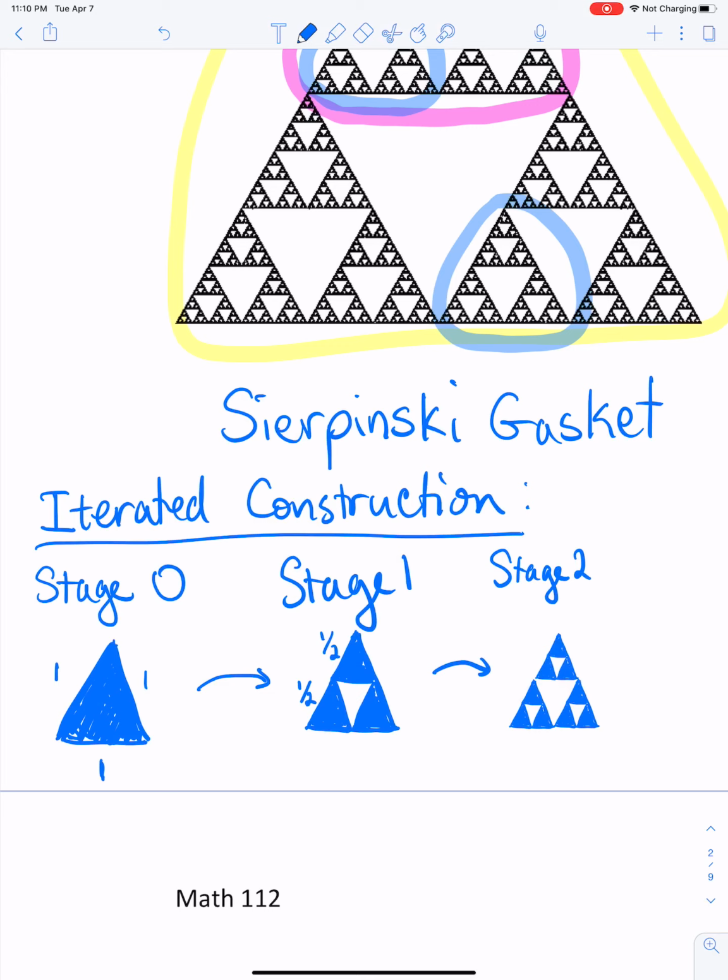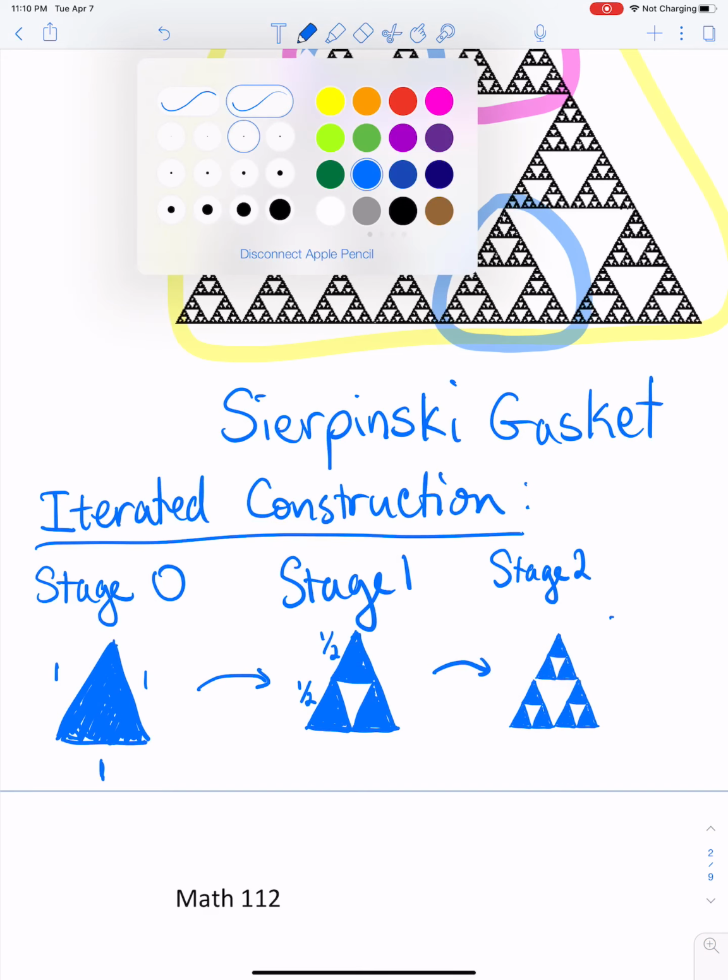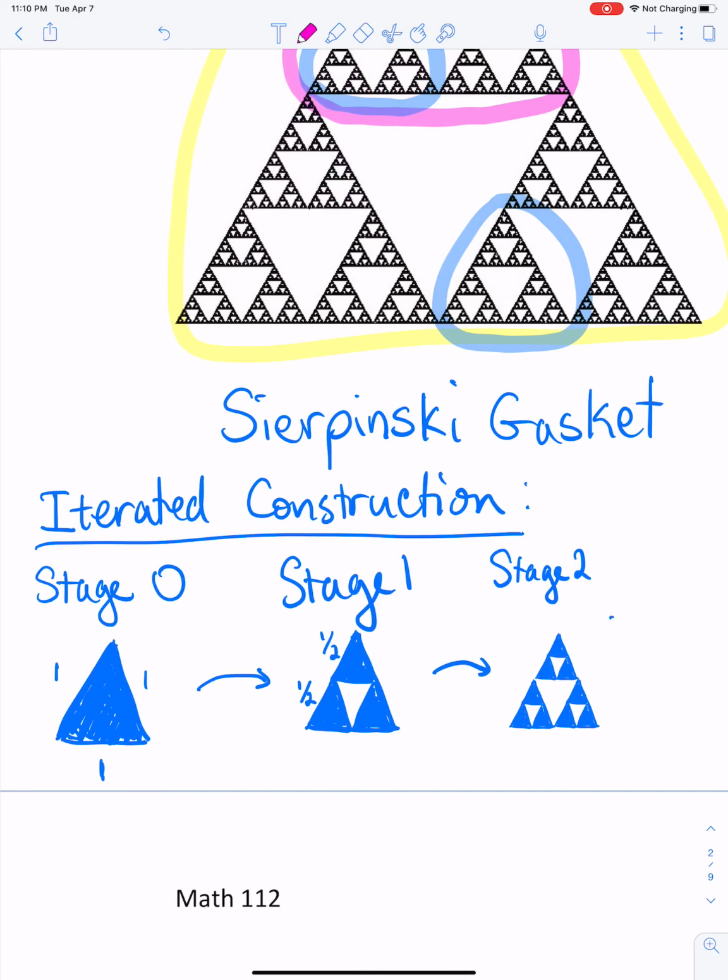You can see that I've taken 3 different stage 1 fractals, shrunk them down by a factor of 1/2, and stuck them all together. Another way of thinking about that is to take the original stage 1 fractal and remove the centers, maybe in bright pink here.